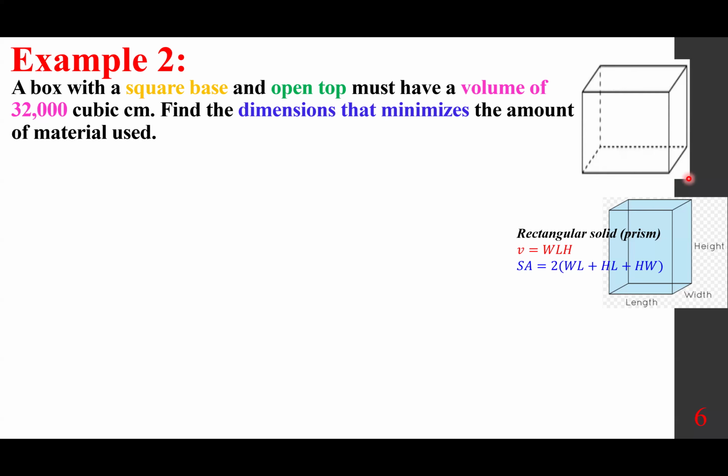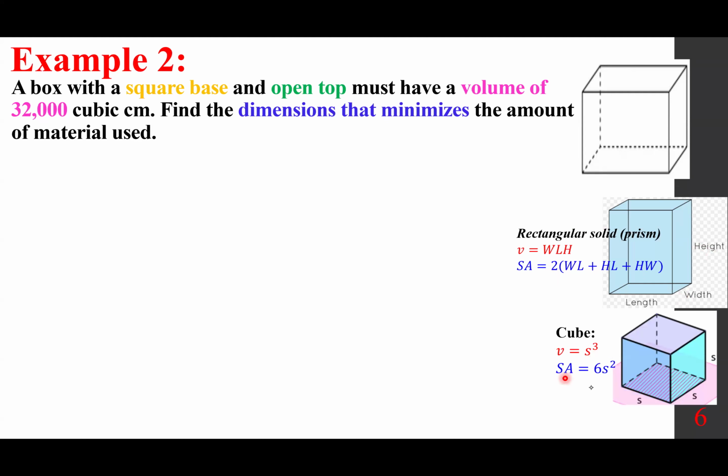And the height times the width is the side one. And on the right, you have the same thing on the left. Again, that's why we have the two. If all sides are equal, we call them a cube, and the volume is S cube, surface area SA, surface area, that means gift wrapping in essence, 6S squared.